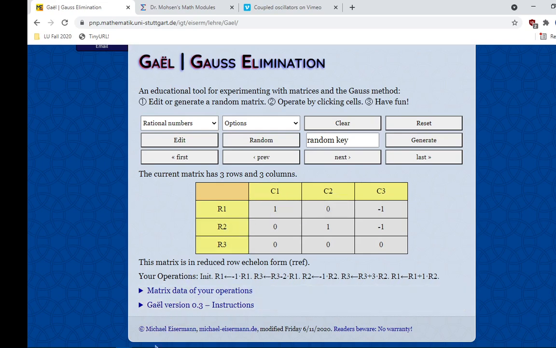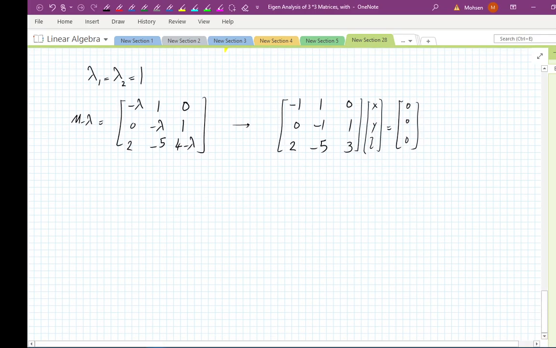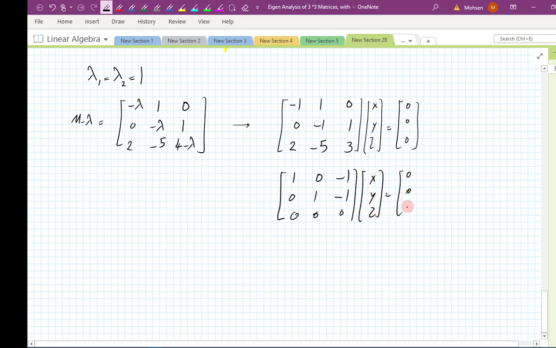So go back to paper. The equation we have boiled down to the following: 1 0 -1 0 1 -1 0 0 0 times x y z equals 0 0 0.